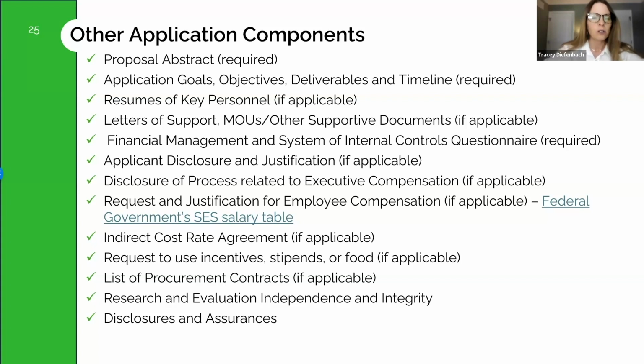DOJ certified standard assurances, DOJ certifications regarding lobbying, debarment, suspension, and other responsibility matters, drug-free workplace requirements, law enforcement and community policing, and applicant disclosure and justification for DOJ high-risk grantees.